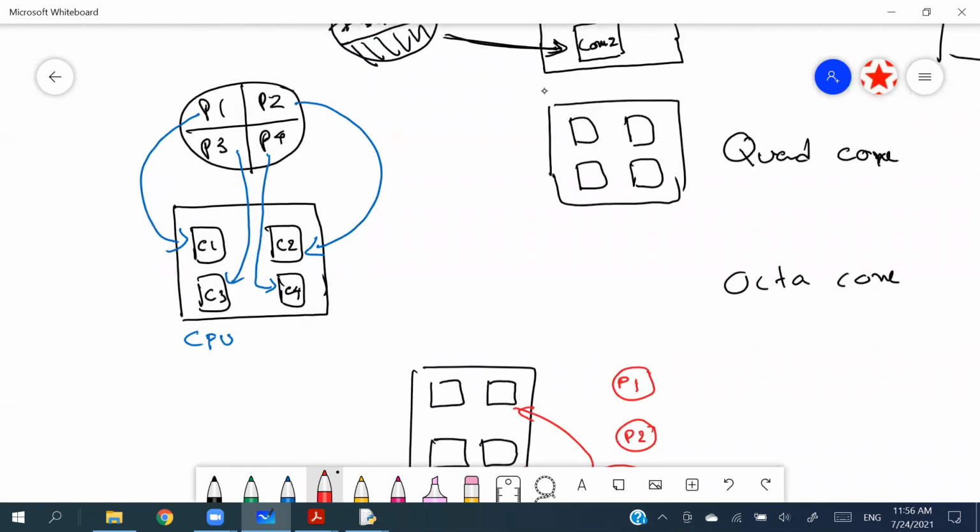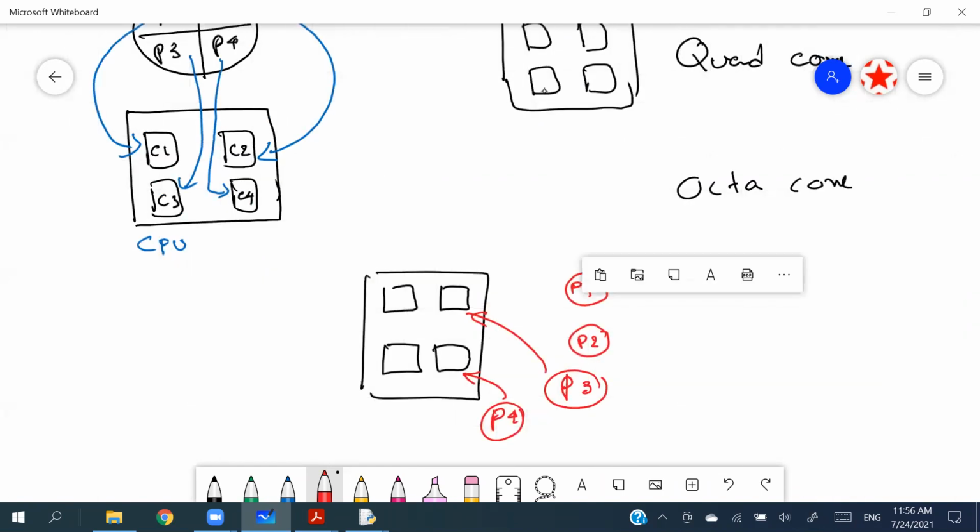Right? So this is one big process, and these are separate processes, or tasks.